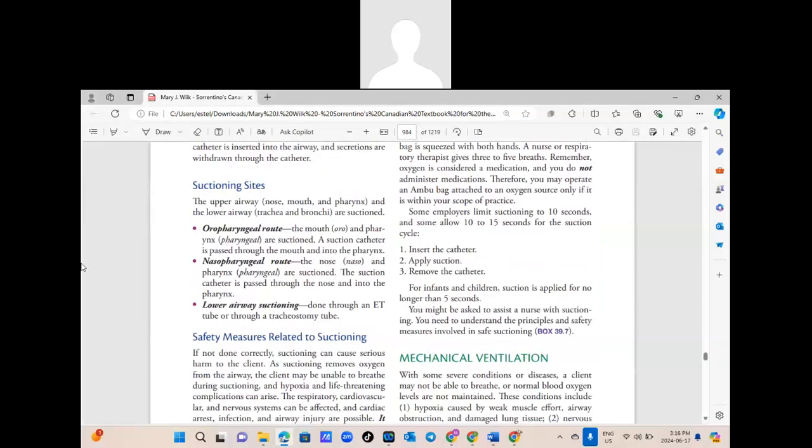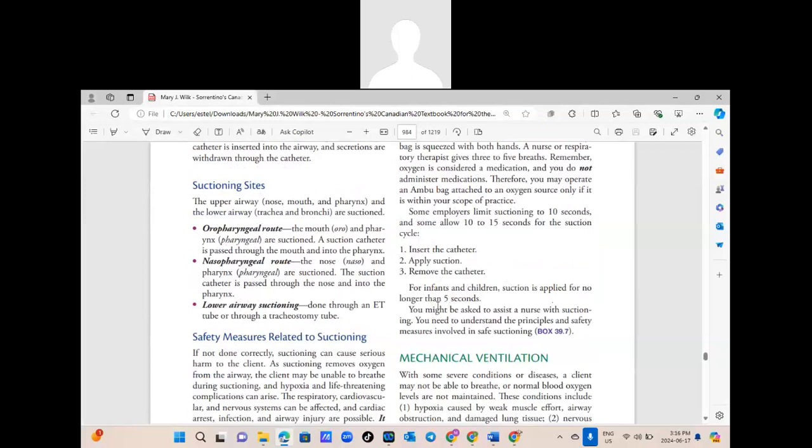We're talking seconds, right? So you insert the catheter, apply the suction for 10 or 15 seconds, then remove the catheter. For infants and children, suction is applied for no longer than 5 seconds because, again, you're suctioning the oxygen from their body. It's not only the mucus you're suctioning.